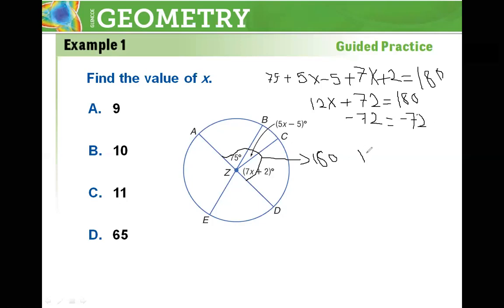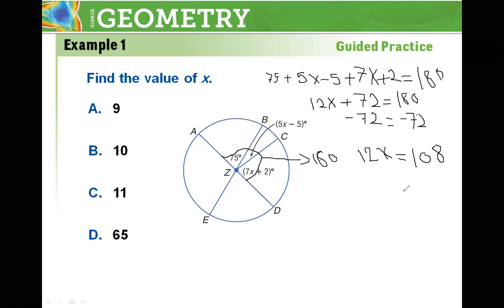So 12x will be 108. How? 180 minus 72 equals 108. So 108 is the result.